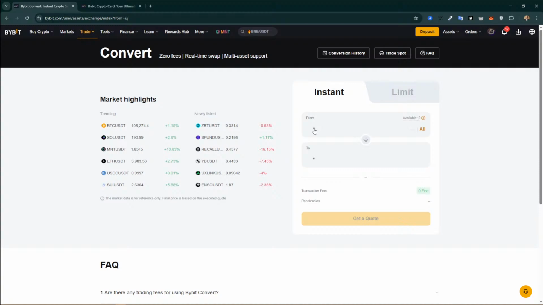So let's say I had BTC and I want to convert it to whatever here, or fiat or USDC, USD or crypto here. But Ethereum, ETH.